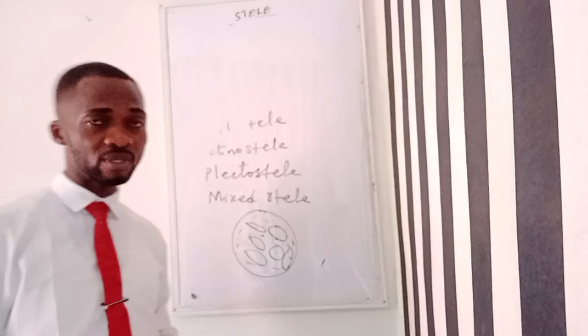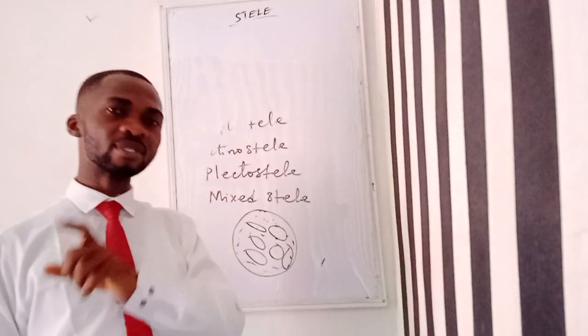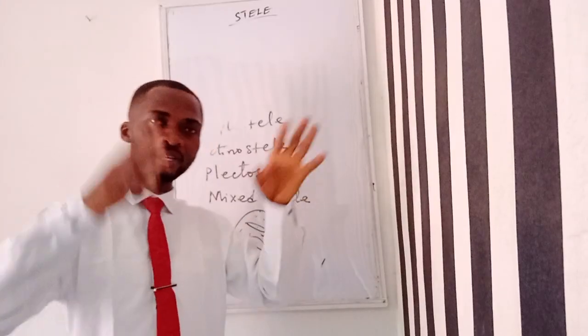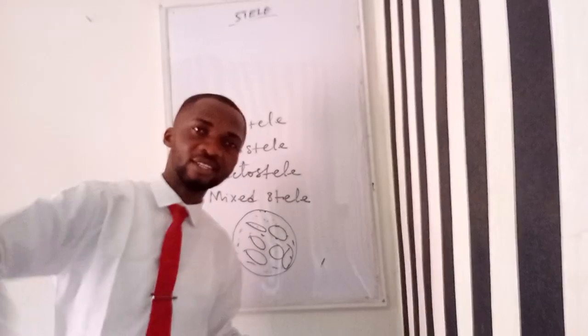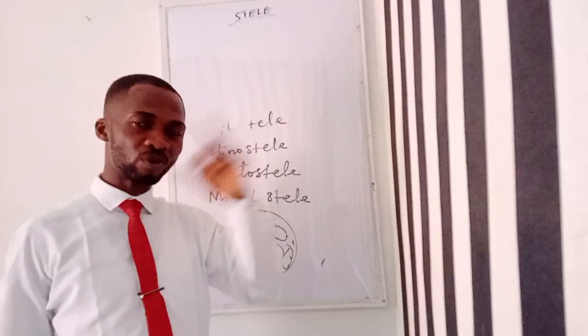Then in the case of actinostele, the xylem now forms a star, and it also has the phloem surrounding it.